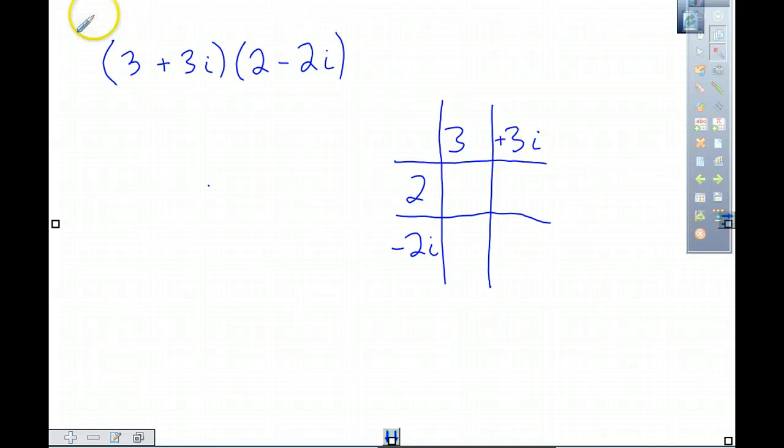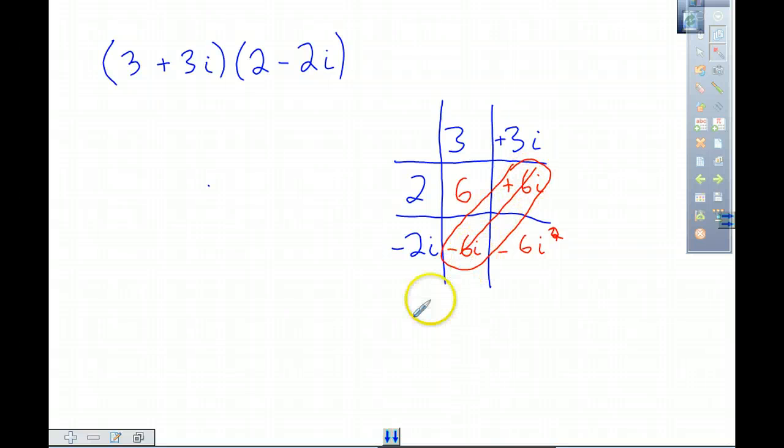First, we have 2 times 3. 6. We have 3 times negative 2i. Negative 6i. 2 times 3i. Positive 6i. And negative 2 times positive 3 is negative 6, I times I, I squared. Now you can see the inside and the outside seem to cancel out and equal 0.